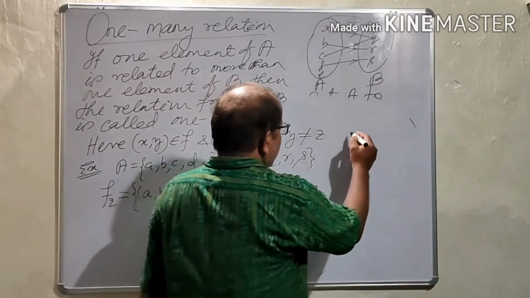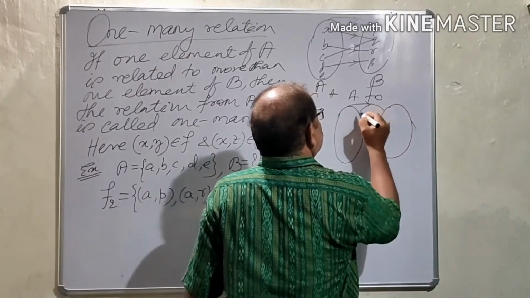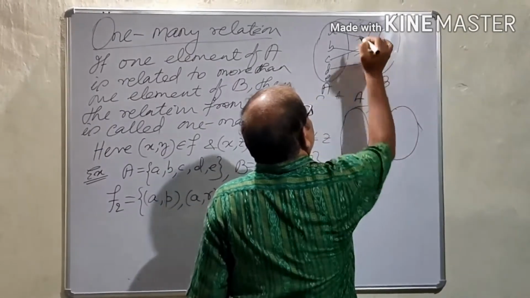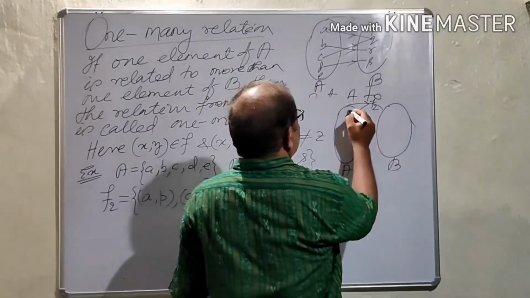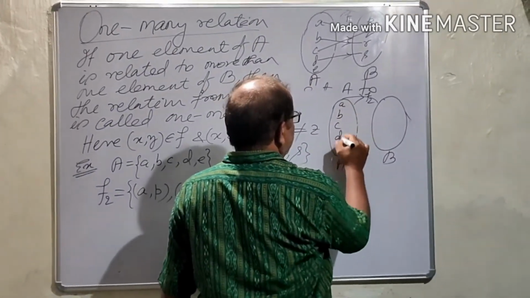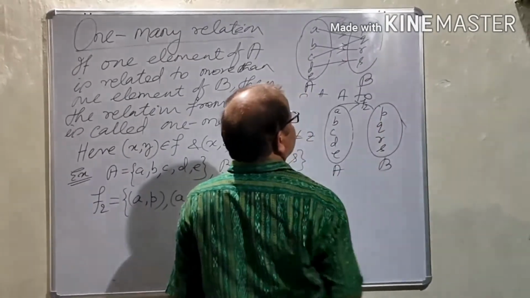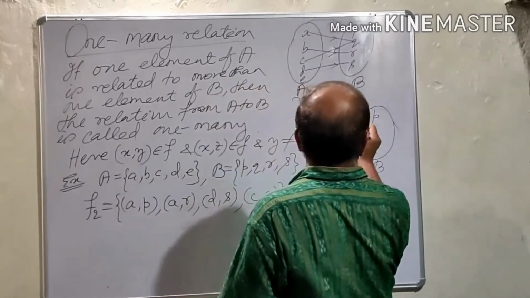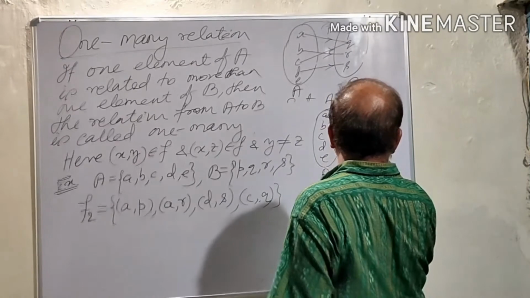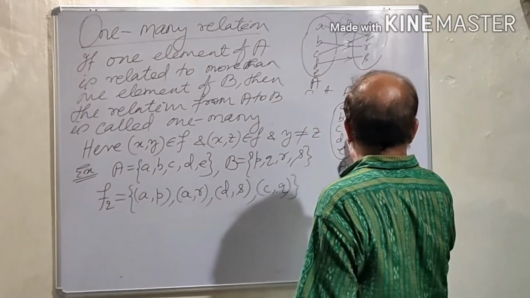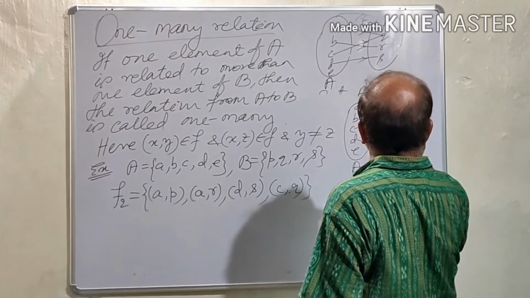Next, we can write it in a diagram. F2: a, b, c, d, e and p, q, r, s. a is related to p, a is related to r, d is related to s, c is related to q.